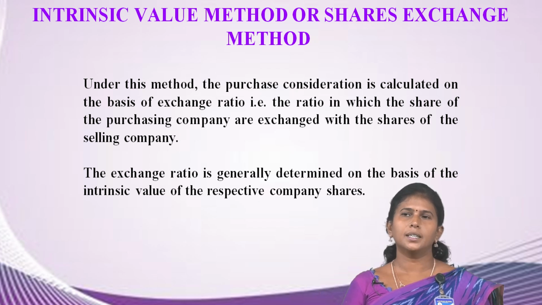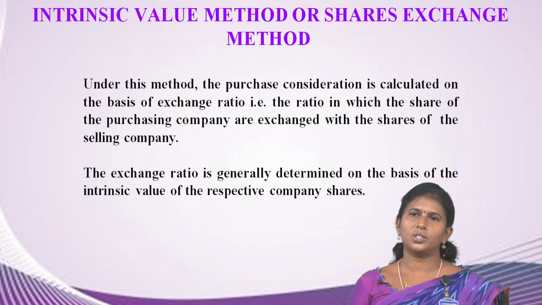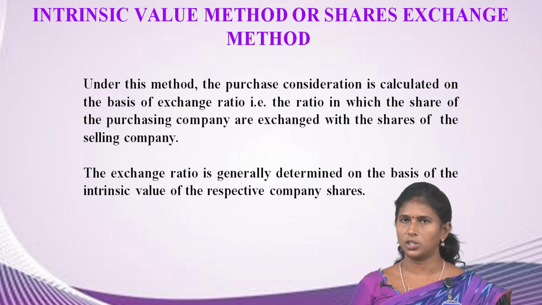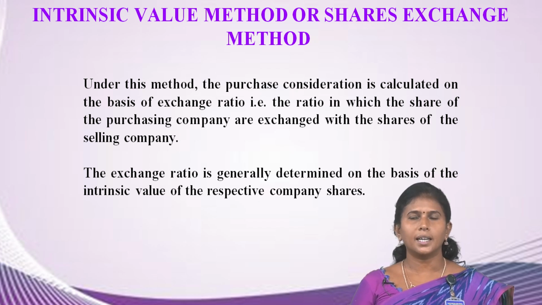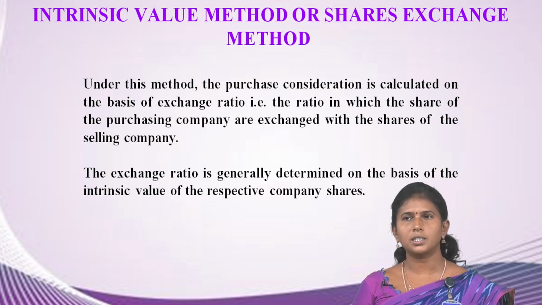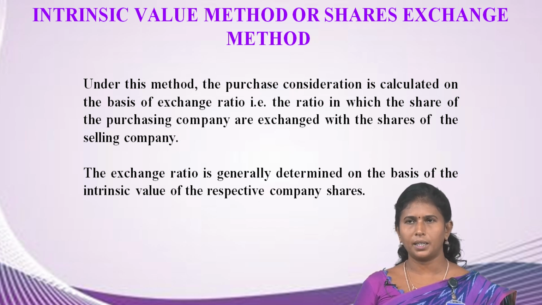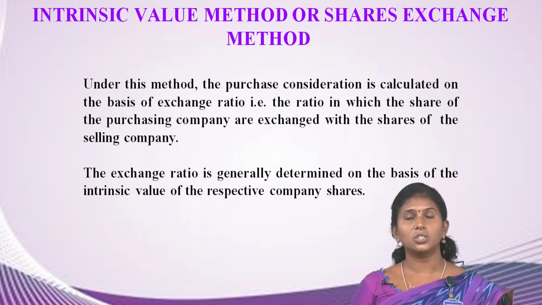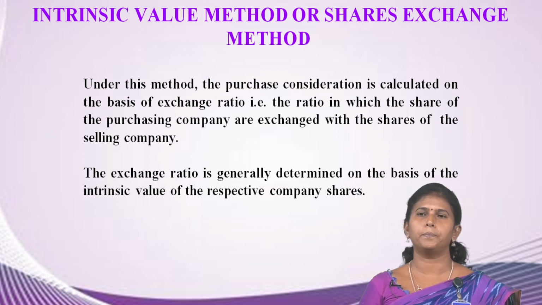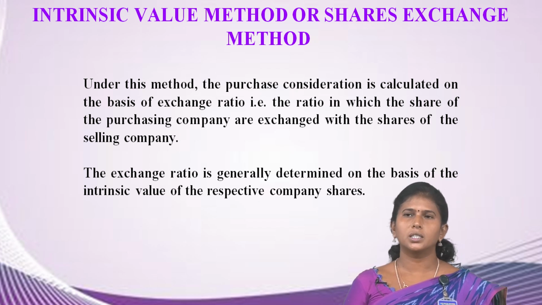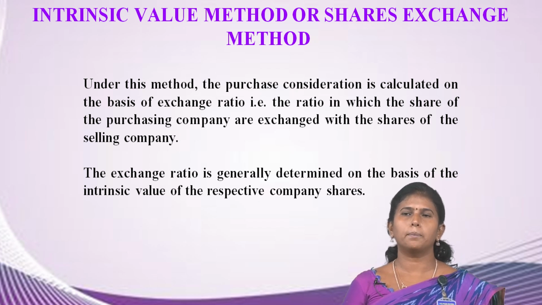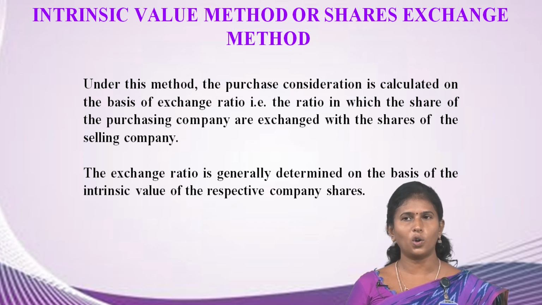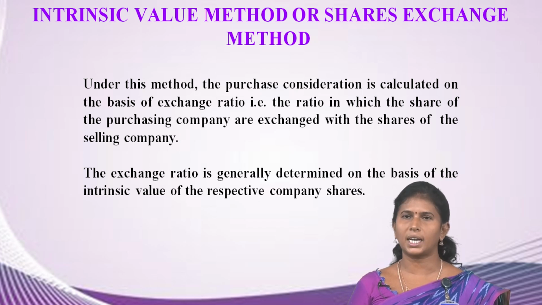Under this method, the purchase consideration is calculated on the basis of the exchange ratio, that is, the ratio in which the shares of the purchase company are exchanged with the shares of the selling company. The exchange ratio is generally determined on the basis of the intrinsic value of the respective company shares.